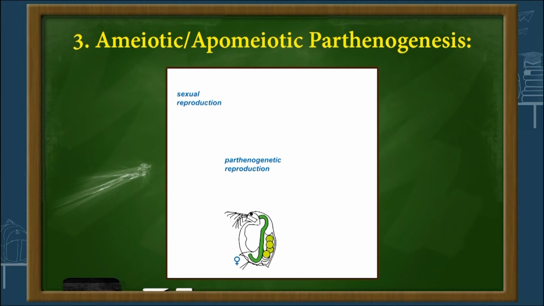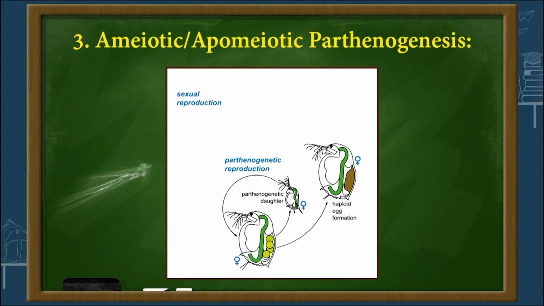Now the specific example comes from Daphnia. In Daphnia, there are 12 to 20 chromosomes. Under favorable conditions, they prefer to reproduce parthenogenetically. That means only a female population will be produced. Parthenogenetic daughters are formed from the parent.